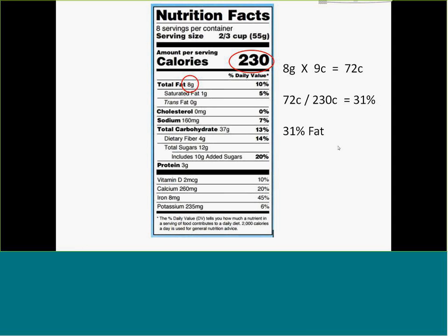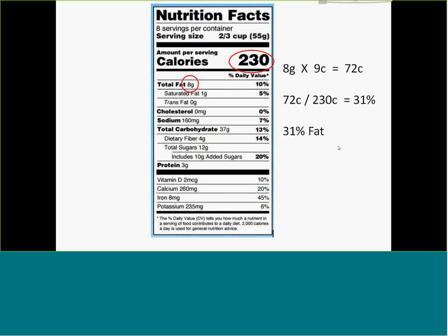And one thing to keep in mind is when you set your goals, say in my case 30% for fat, if all I eat all day long is food that contains under 30% fat, at the end of the day, I'm guaranteed to have met my goal. Hopefully, this should be common sense. If I never eat more than 30% fat, then I will have never eaten more than 30% fat.